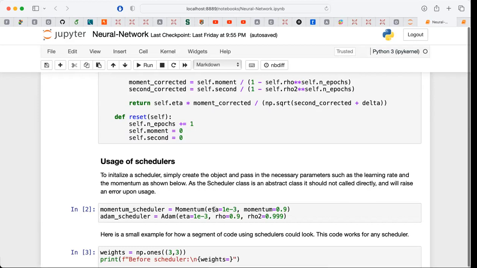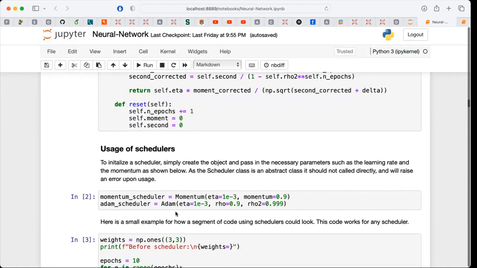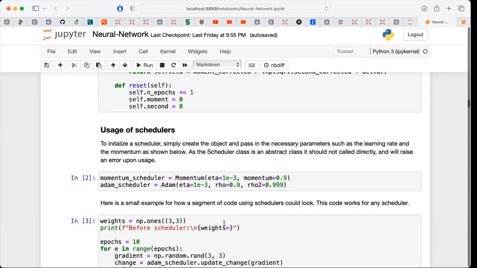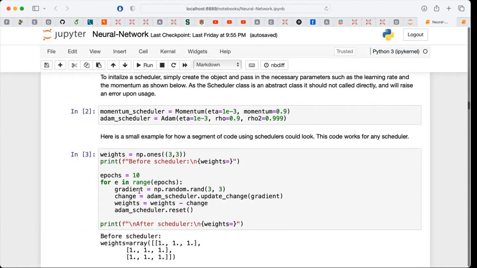And you would then specify an initial learning rate, and you would have the parameter for this momentum. You can use the Adam scheduler, where you have the initial learning rate, and then you would specify the other parameters. And you would need to specify the number of epochs, and also the number of batches which you're dealing with. These are examples of things which you can transfer from the first project into the next project where you're setting up a code for a neural network.